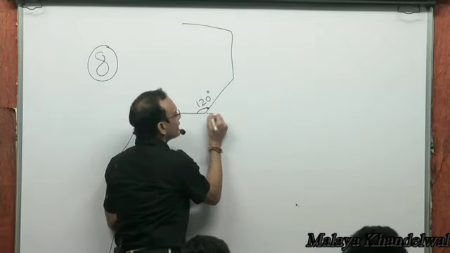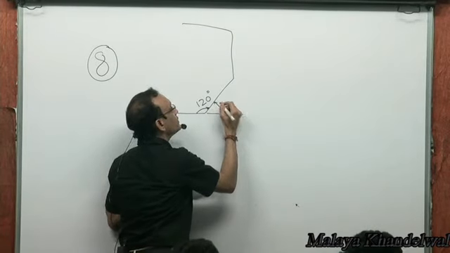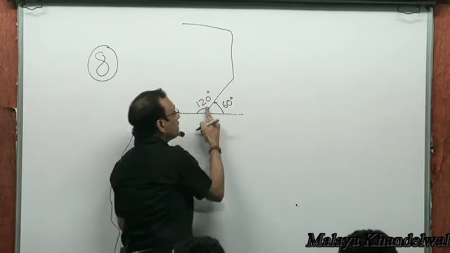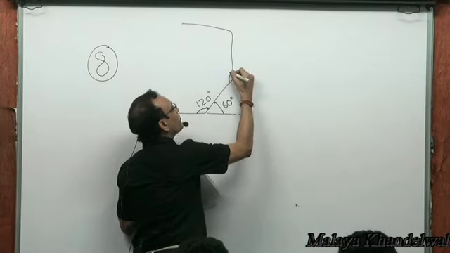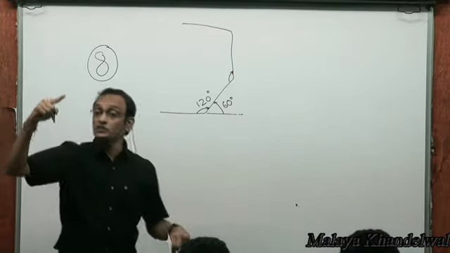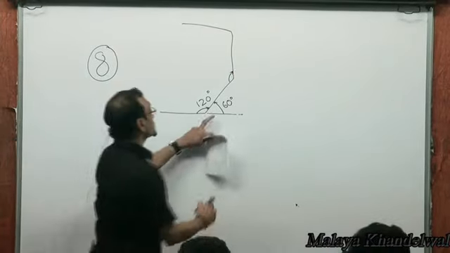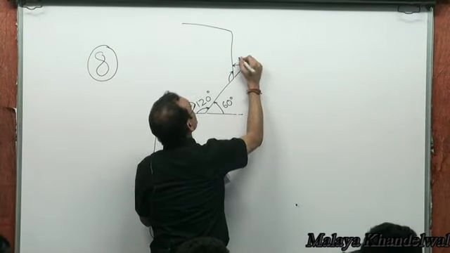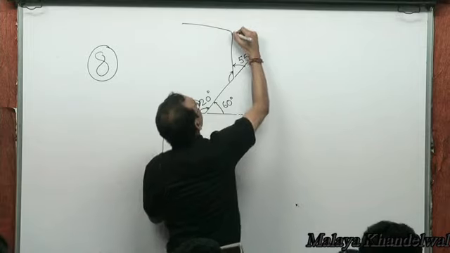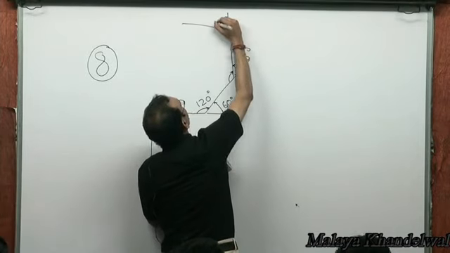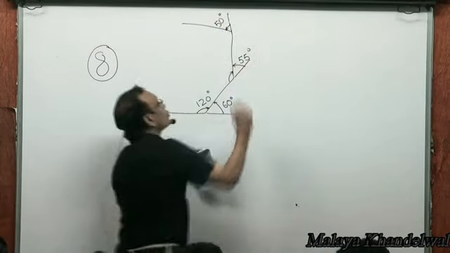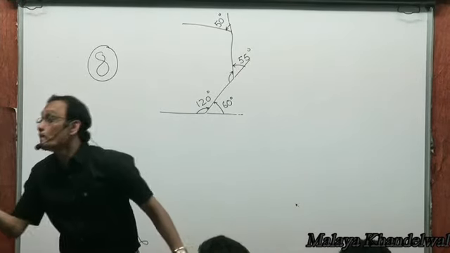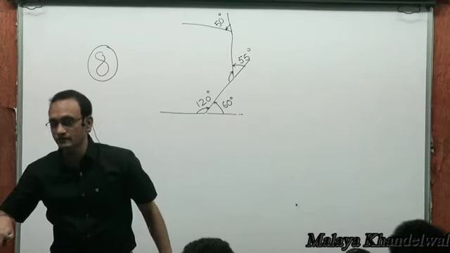If these are in AP, then exterior angles will also be in AP, right? And if interior angles increase by 5 degrees, then exterior angles will decrease by 5 degrees. So if this is 60 degrees, this would be 55 degrees. Yes or no? This will be 50 degrees and so on and so forth. So exterior angles will also be in AP, but with common difference minus 5.